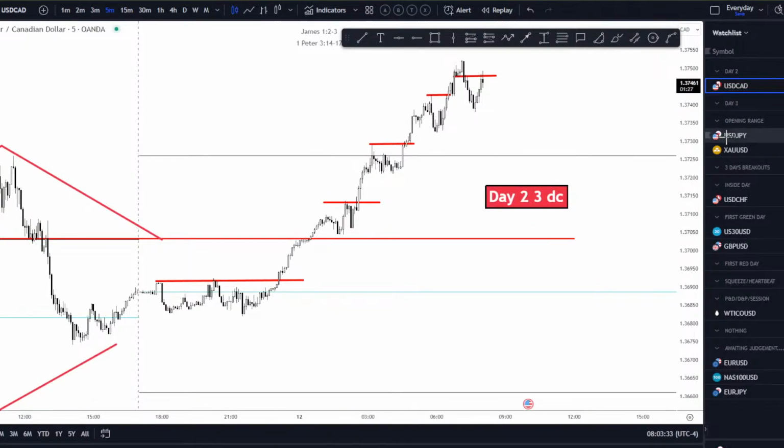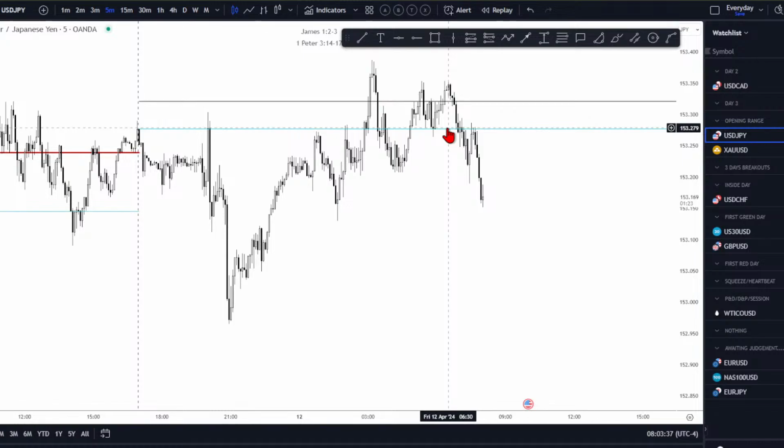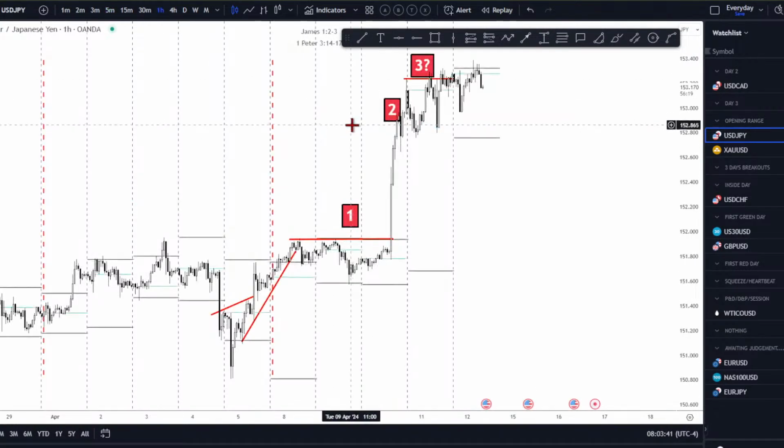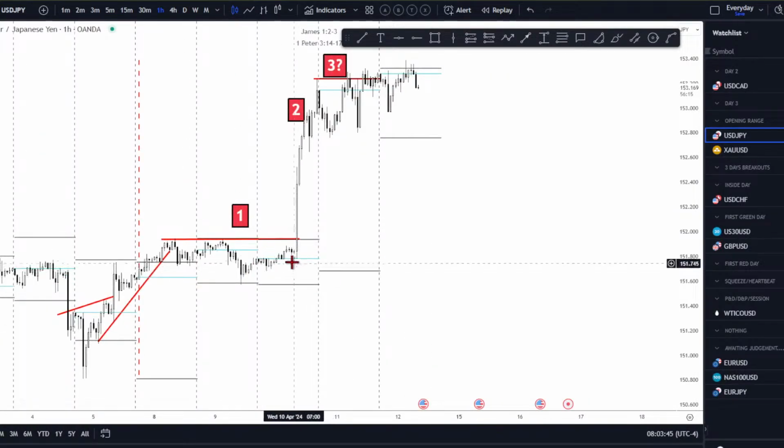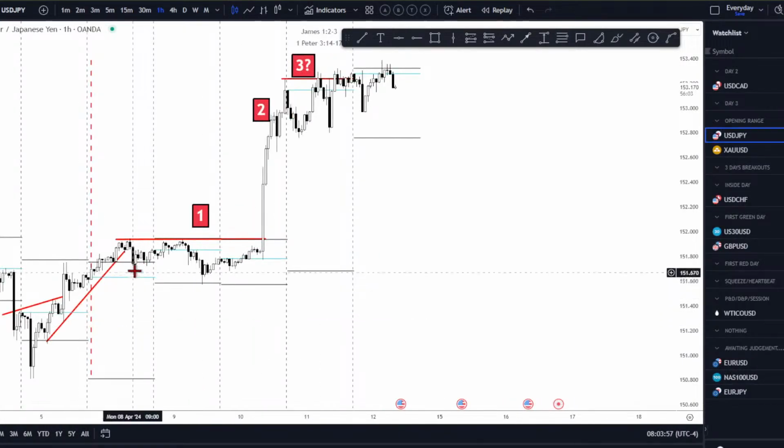All right, let's go down to US dollar, Japanese yen. Take a little look at this. Go to the 1 hour chart and some of my annotations leading us into this Friday. No 3 days of breakouts or anything like that. They've triggered a previous day's low down here, and peak formation low was made on Friday of last week.